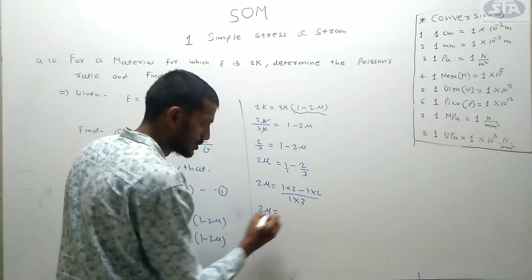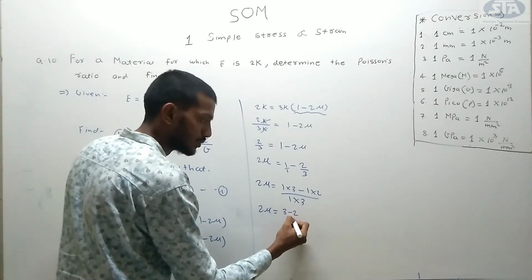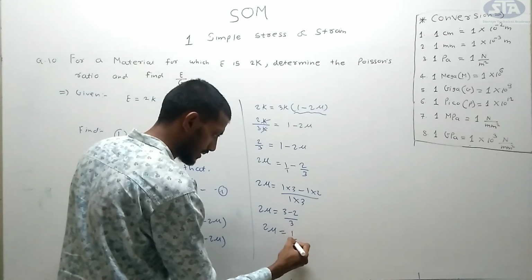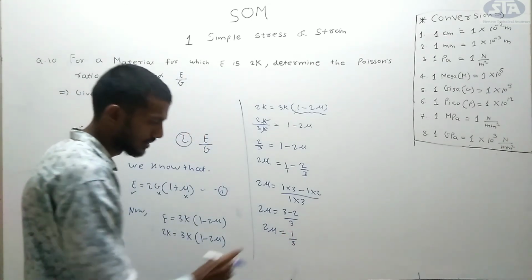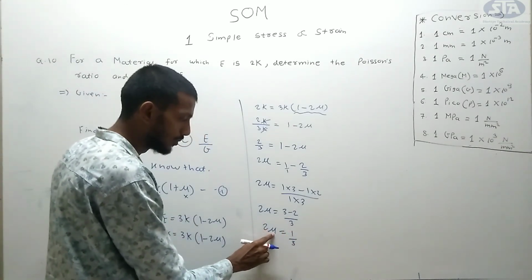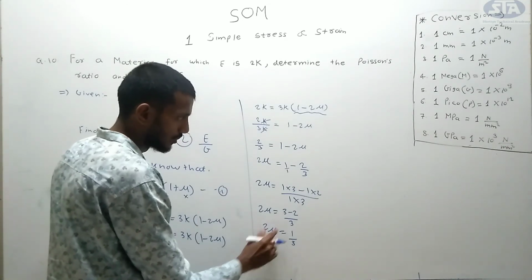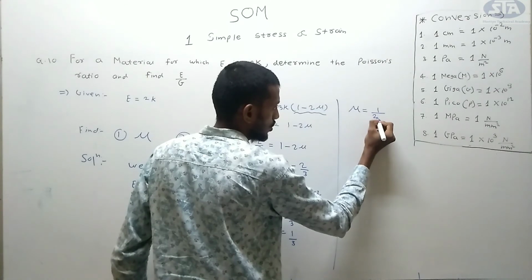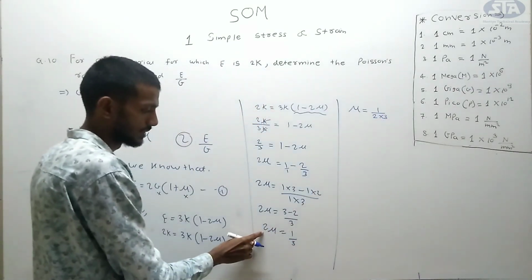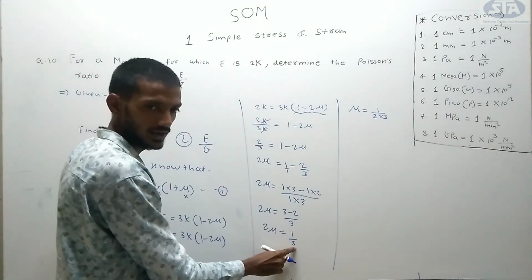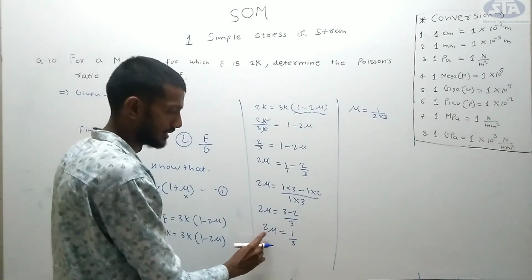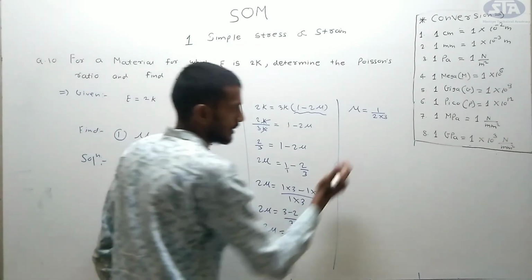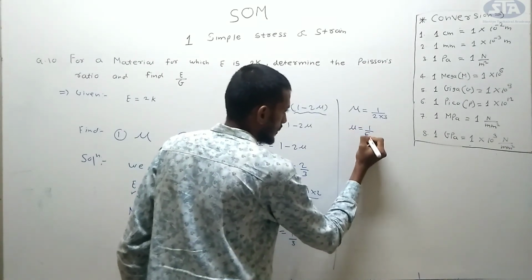That is 2 mu is equal to 3 minus 2 divided by 3, so 2 mu is equal to 1 divided by 3. Now 2 is in multiplication with mu, so when shifting 2 to the right hand side it becomes part of the denominator and is multiplied with 3. That is mu is equal to 1 upon 6.